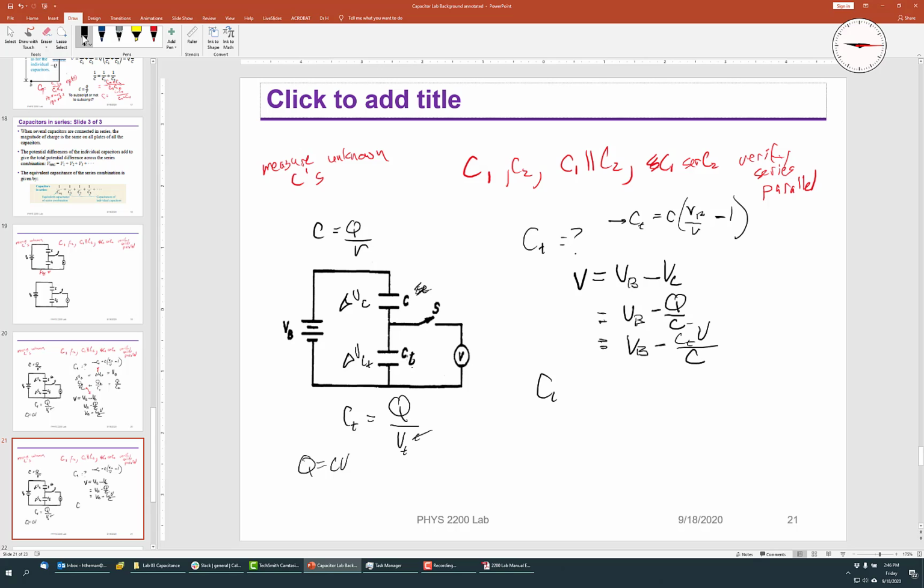So it's CT V over C. And so the VB stays, and then I've got to bring the V over here, and minus V. So now I just have to multiply both sides by C over V.